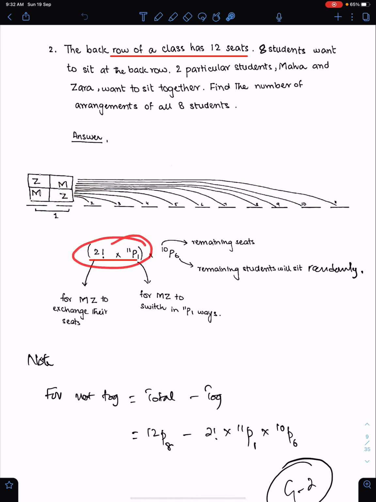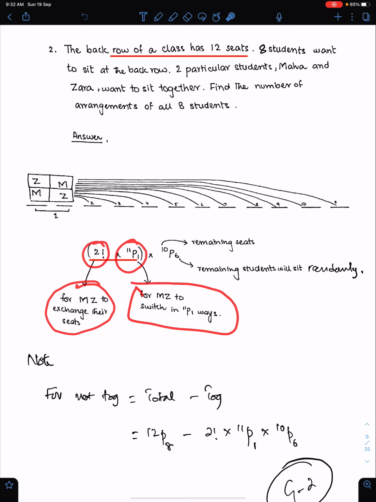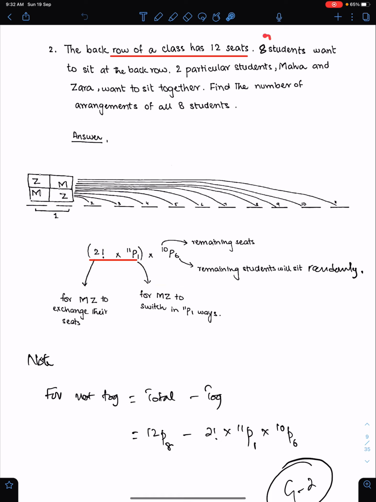So write 11P1 here. So this 2 factorial is for MZ to exchange their seats, and this means for the MZ group to switch in 11P1 ways. Now we have 6 more students to arrange, and we have 10 empty seats. So we can write 10P6. And these 6 students can sit randomly.